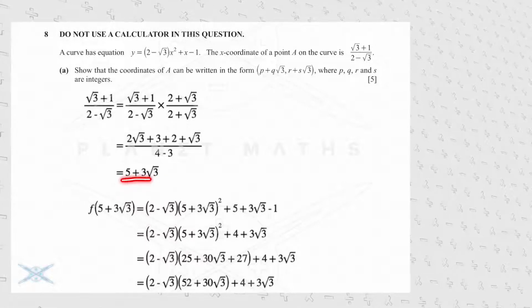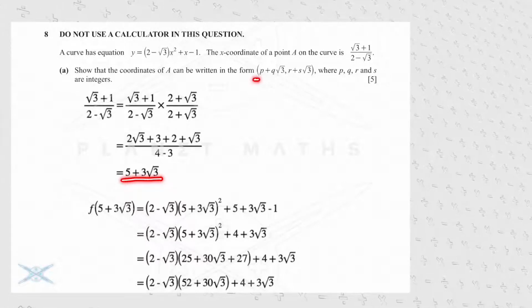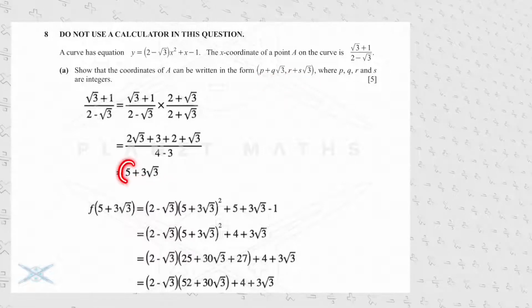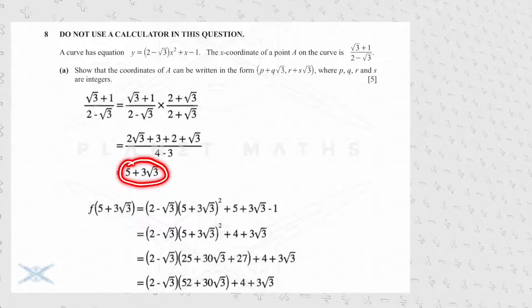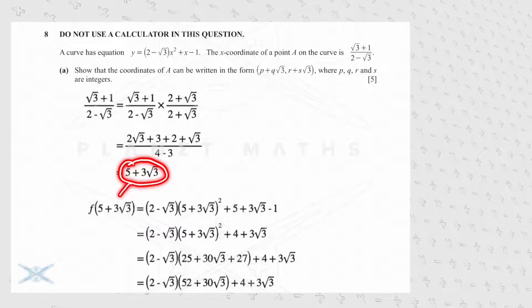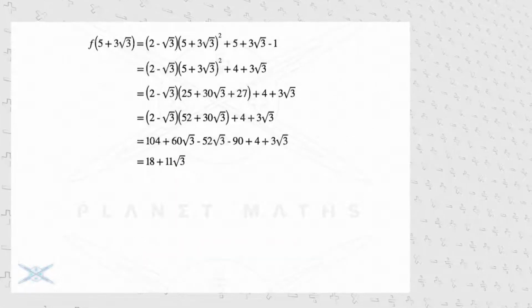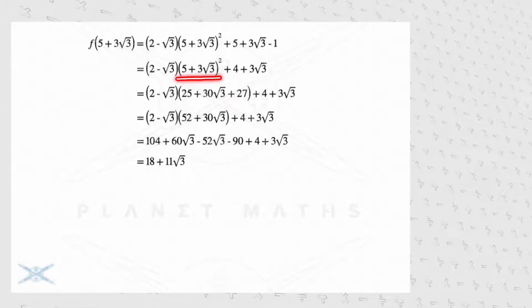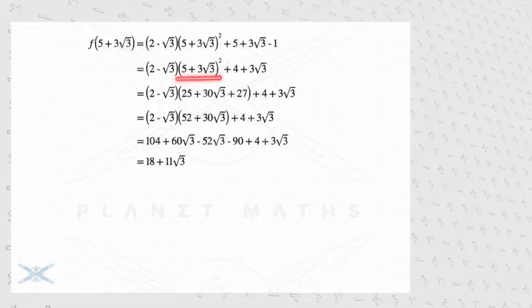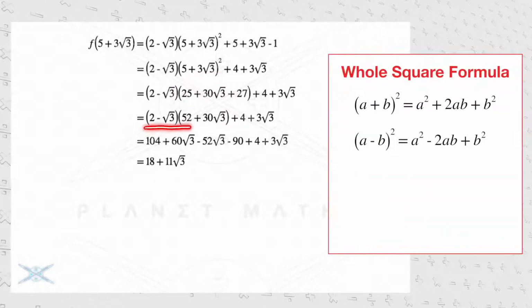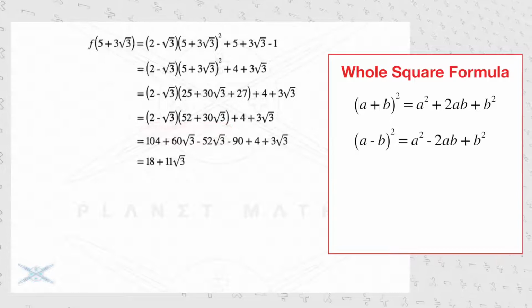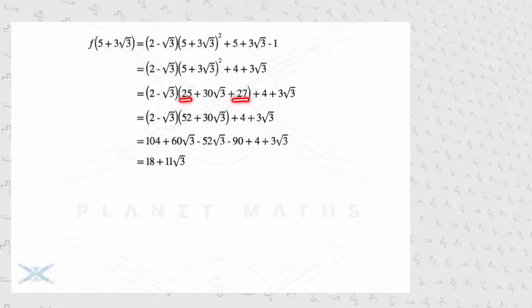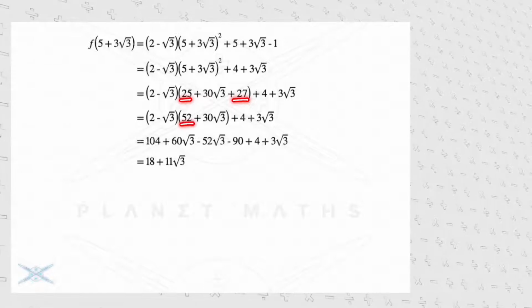So what we have now found is the x-coordinate as requested, and in order to find the y-coordinate, we substitute this expression for x in the equation of the curve. In a first step, we just subtract 1 from 5. Thereafter we expand this expression applying the whole square formula, and prior to expanding both of those brackets we firstly simplify the expression of the second bracket, whereby 25 plus 27 equals 52.